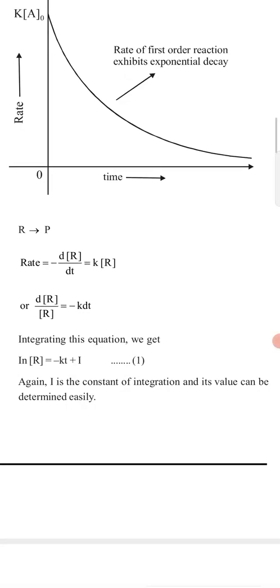Similarly, by the integration we will get dR by R, like dx by x. What will we get by the integration? ln x. So ln R equals minus kt plus I, and when t equals 0, then R equals R0. R0 means the concentration of the reactant at time 0, that means the initial concentration of the reactant.